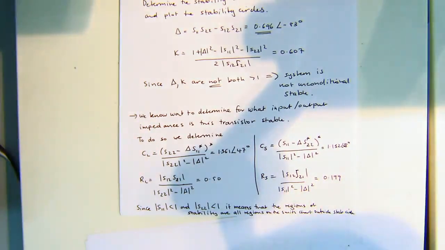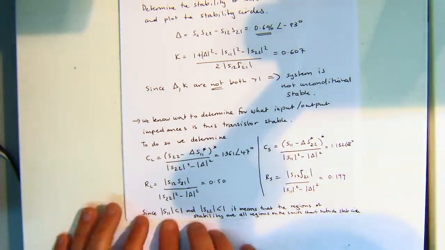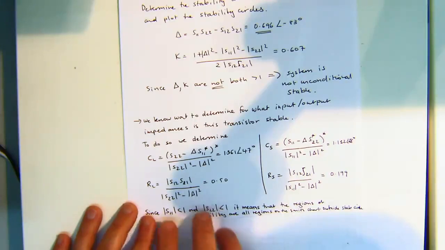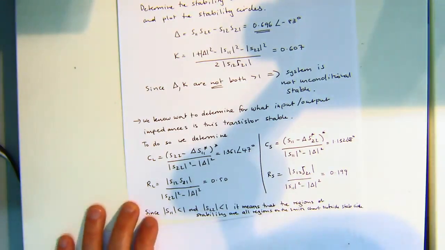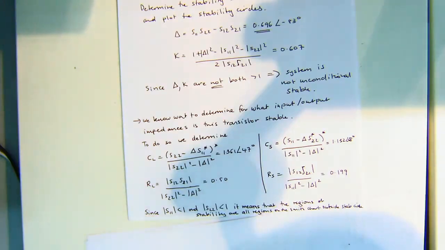Now, we know that S11 and S22 are both less than 1, so that means, as you said, they're going to be in which region? Yes, the first picture, which is inside the Smith chart, so everywhere inside the Smith chart and outside the stability circle. All right, good.